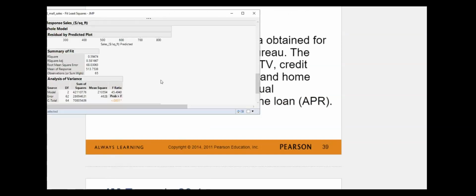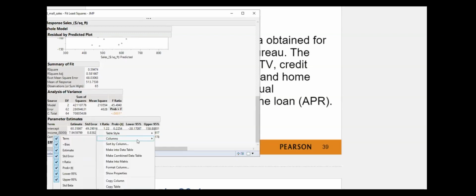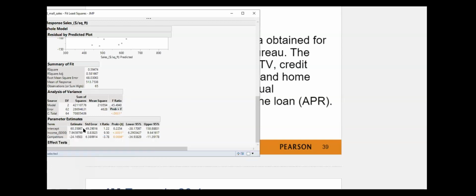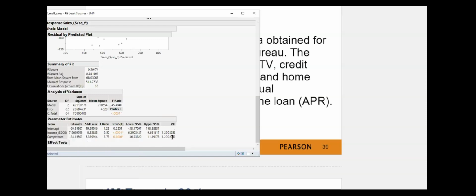But one more thing to really quick show you here is these are your results. I told you what the VIF is. So you want to add the VIF here: right click on parameter estimates, columns, VIF. If VIF is more than 10, the independent or explanatory variables are very highly correlated.